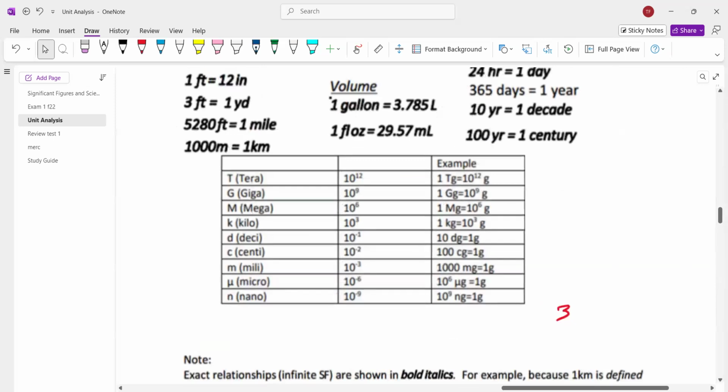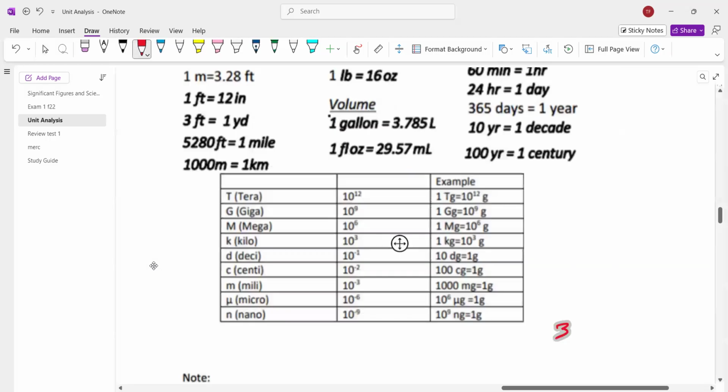Now, let's go through this metric bit here. You're probably familiar with these four up here already. Computers now are in terabytes.